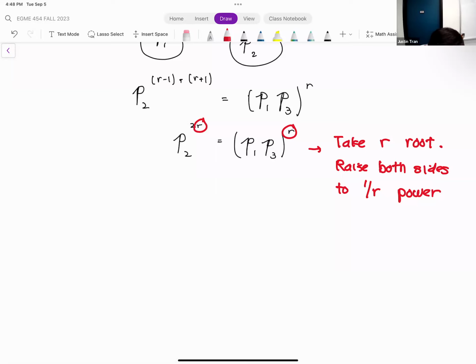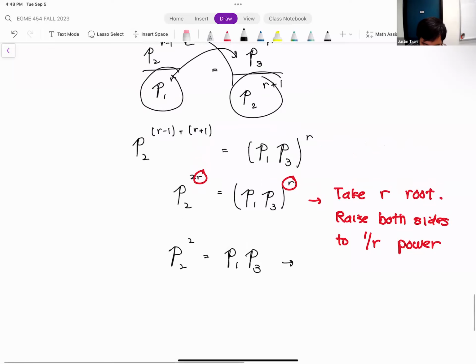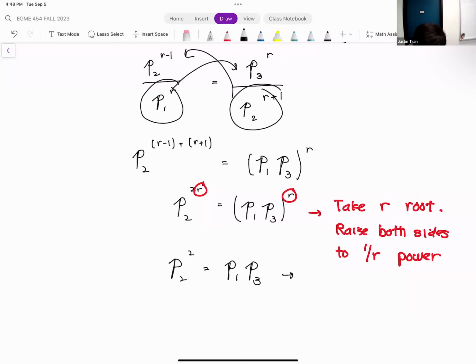And so we have P2 squared is equal to P1 P3. So let's go ahead and just take the square root, and then we will solve for P2. So we have P2 is equal to the square root of P1 P3.